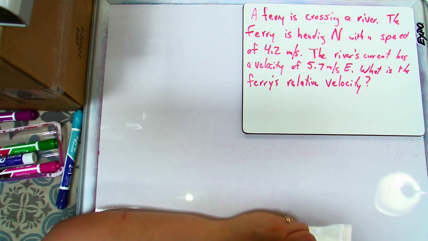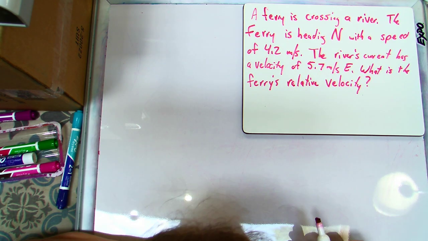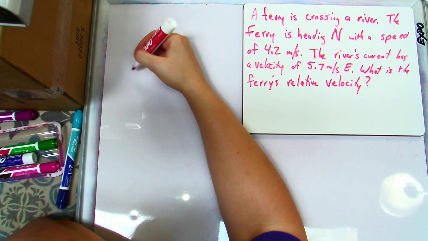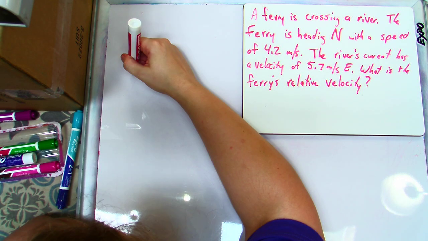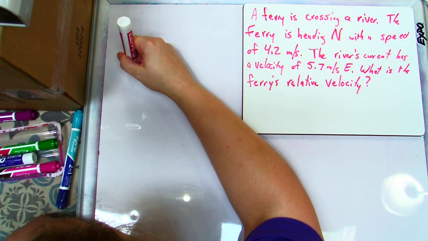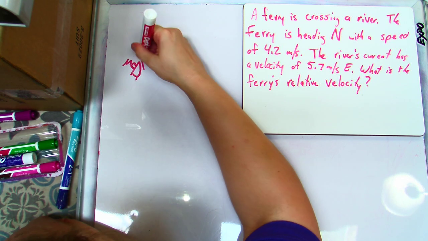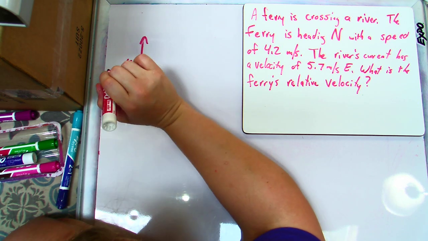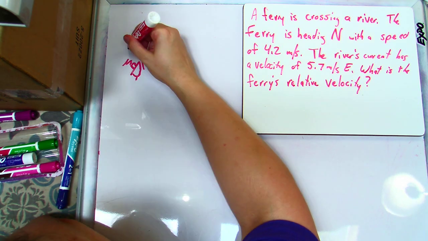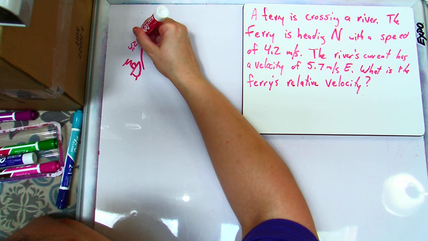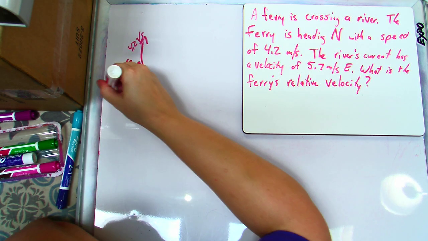So let's diagram this out, shall we? The ferry, there he is, is moving north, and his velocity is 4.2 meters per second. This is the river.